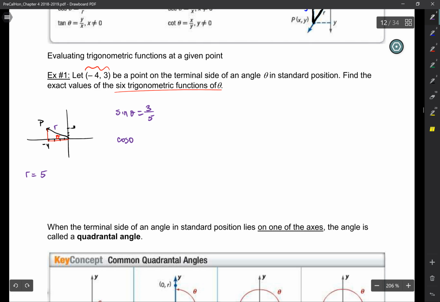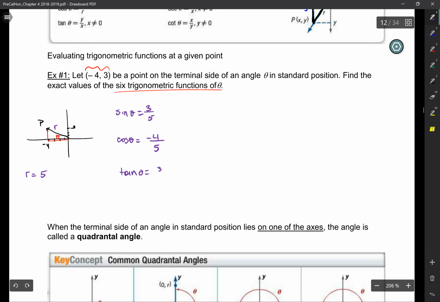Cosine of theta, we said cosine was always going to be the horizontal. The horizontal distance over there is how much? 4, except it's in the negative direction. So it's -4 over 5. And tangent is always going to be the vertical over the horizontal.